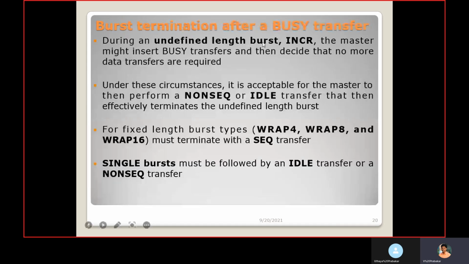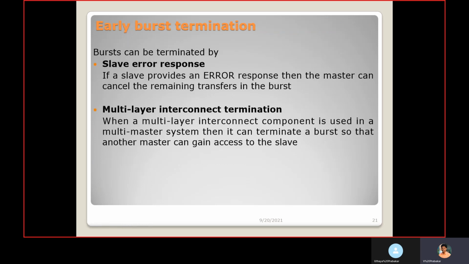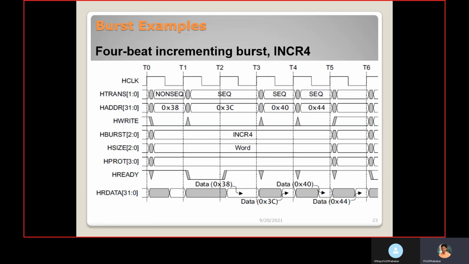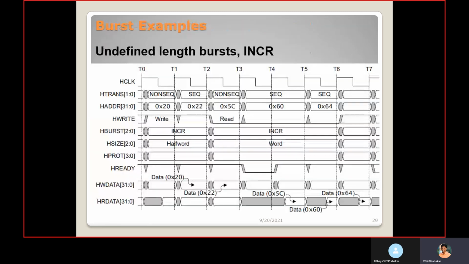If it is an undefined length burst, this circumstance is acceptable: the master can perform a non-sequential or idle transfer. So here, after a sequential transfer, this one transfer is happening. After that, it introduces another new transfer by initiating non-sequential.